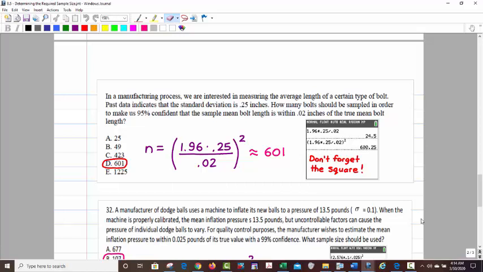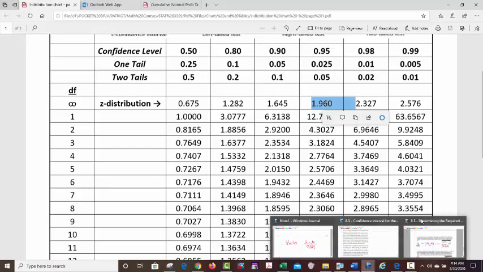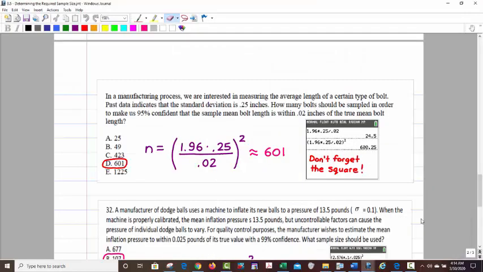And 95% is right here, 1.96. So you take 1.96, that z-value, times 0.25, the standard deviation, divided by the margin of error, which is 0.02. You square all that, and then round it up. 600.25, you round up to 601.